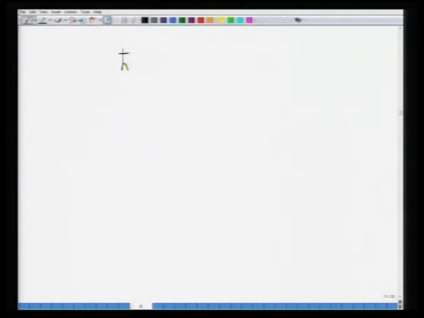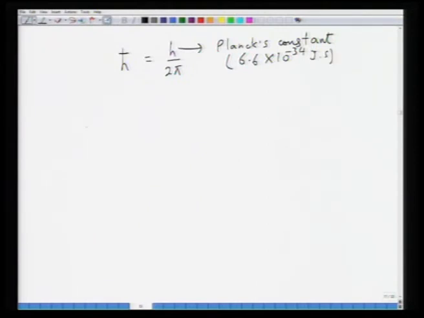And h cross here is equal to h divided by 2 pi. H is nothing but your Planck's constant, which is 6.6 into 10 to the power minus 34 joule second, and so this is h cross.